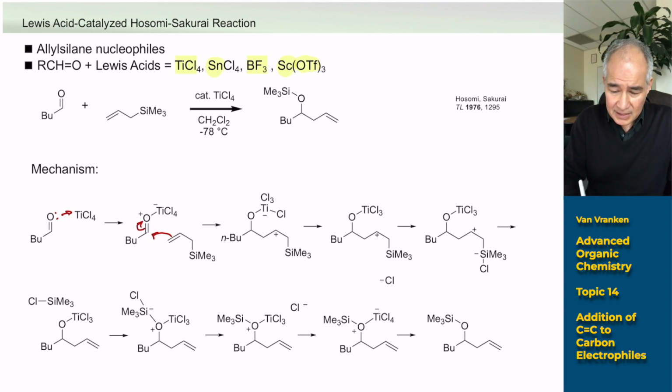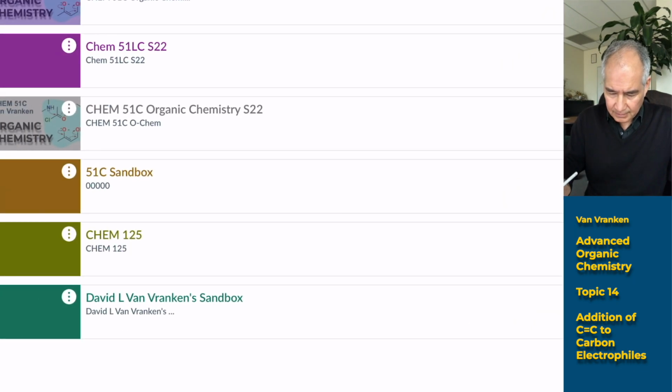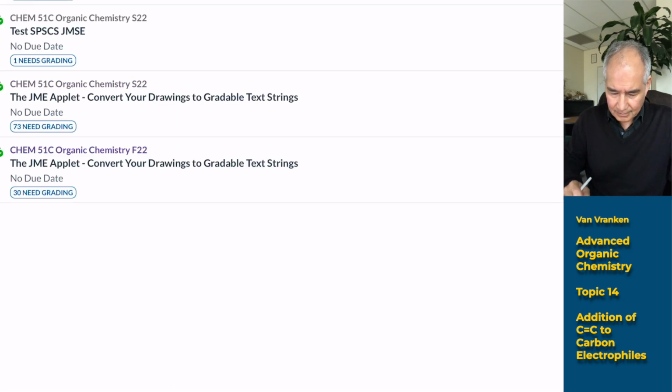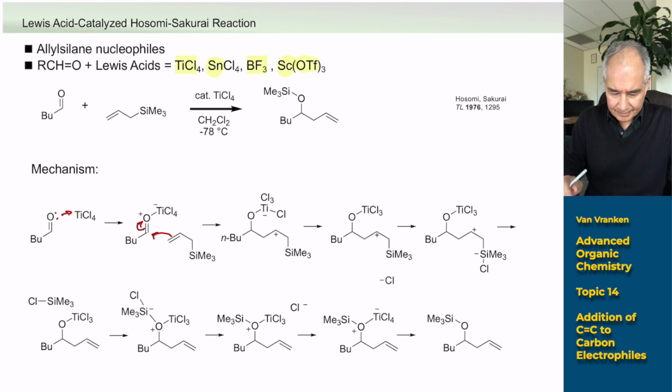Initially it's very difficult for this chloride to come off because there's an O+ next door.